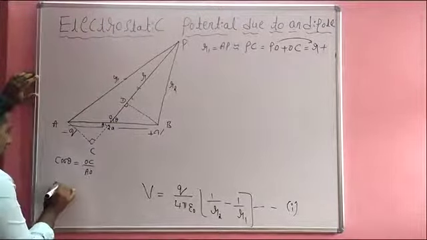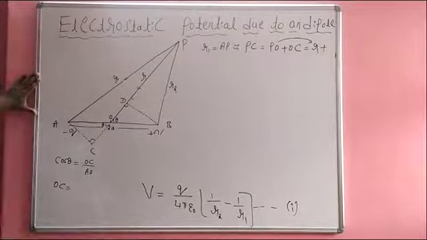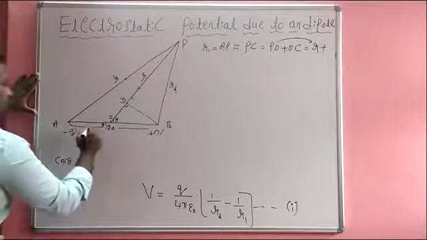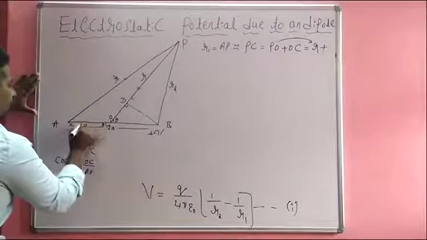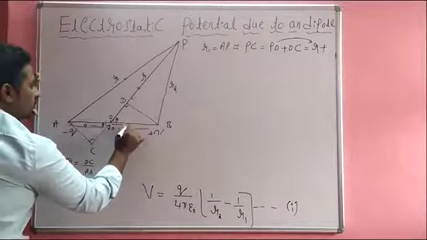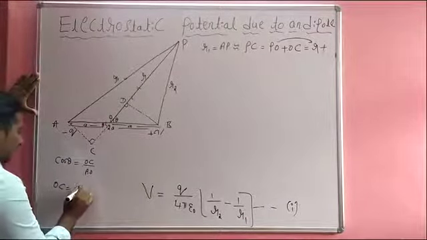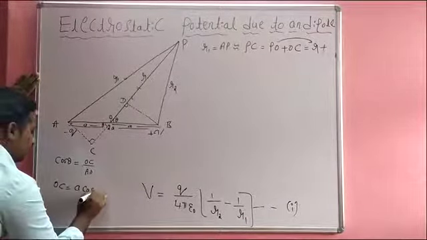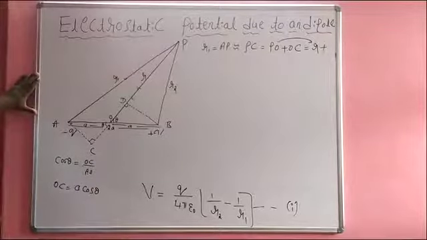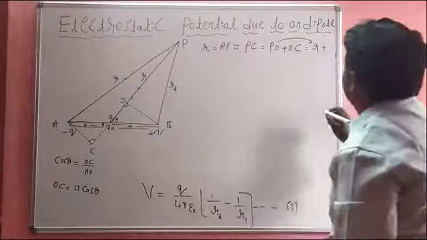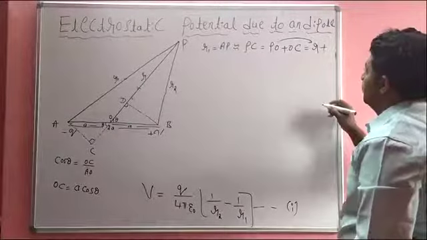So then OC is equal to AO times cos theta. AO value is how much? This is A, this is 2A, which means this is A, this is also A. So OC is A cos theta. So instead of OC, I put the value A cos theta.